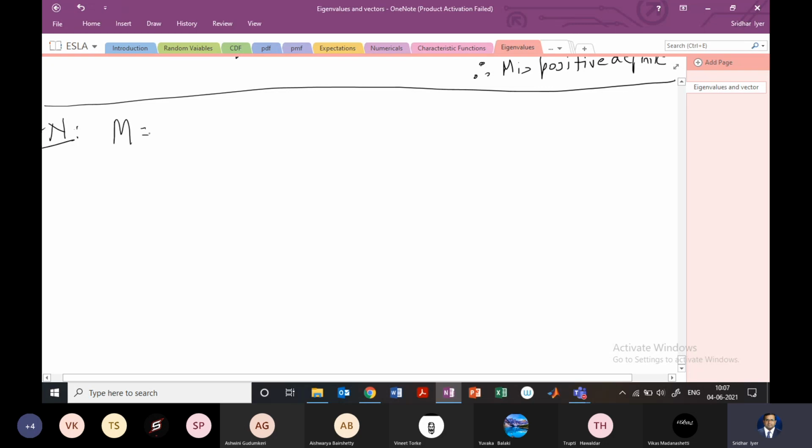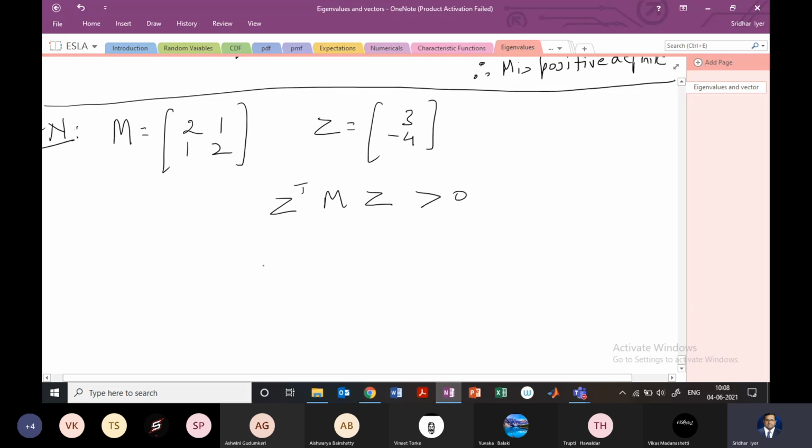We are given the matrix M as 2, 1, 1, 2, and we are given the matrix Z as 3 and negative 4, right? The condition that we need to prove for M to be positive definite is Z transpose M Z greater than 0, right? From the given Z, we can find Z transpose, and since it is a column matrix, we convert it into a row matrix as the transpose.